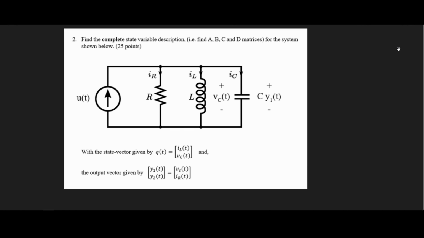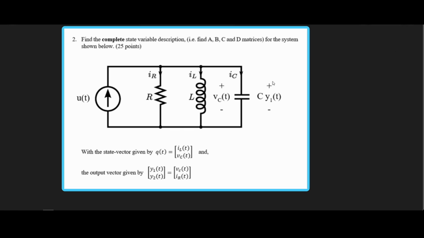Analyzing the circuit, you can see that the voltage across all of these components is going to be the same because they share the same node. We got ground, and the voltage here is all going to be the same. So the voltage across R of t is equal to the voltage across the inductor, which is equal to the voltage across the cap.